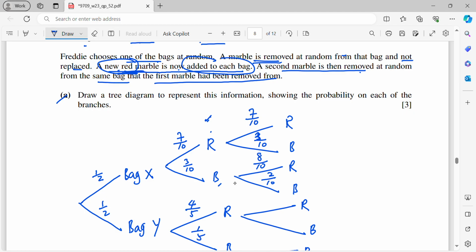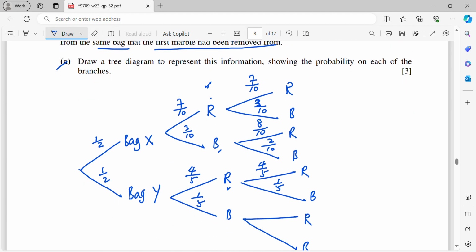Okay, same explanation goes to the bag Y. So for bag Y, if you have taken 1 red marble, you supposedly reduce by 1, but then you have added 1 more, therefore it will remain the same for both probabilities.